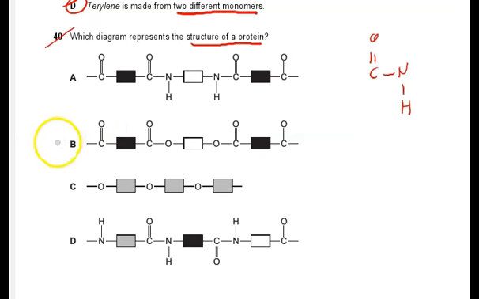And the only choices here we have are A and D. So if you look at the A and D, the best choice here will be D, because you have the repeating sequence.